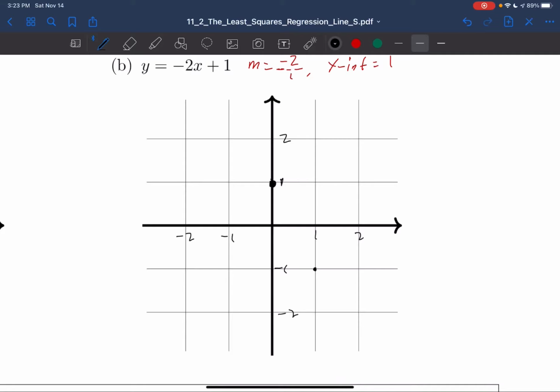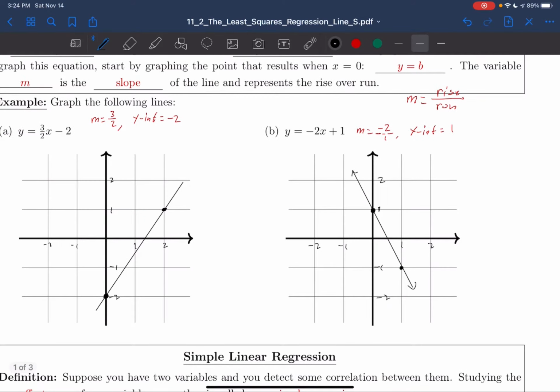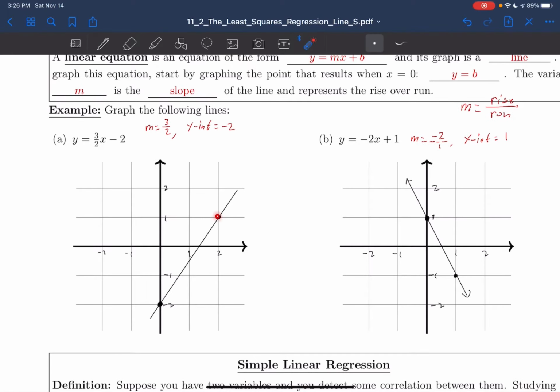So here's a point, and since you already have 2 points, you could connect them and make a line. Sweet. So this is how you make a line using y equals mx plus b. This is going to help us when we discuss the least square regression line.